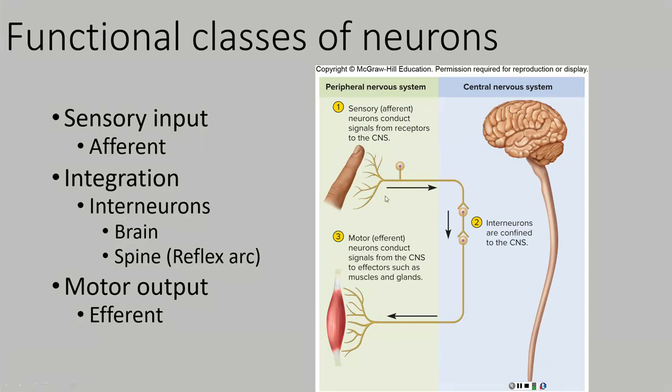If we have a cluster of cell bodies in the peripheral nervous system, all of the axons are going to be running in the same direction towards the central nervous system. And if we have a cluster of cell bodies in the central nervous system, all of the axons are going to be running towards the peripheral nervous system.